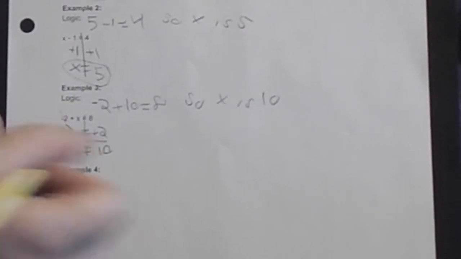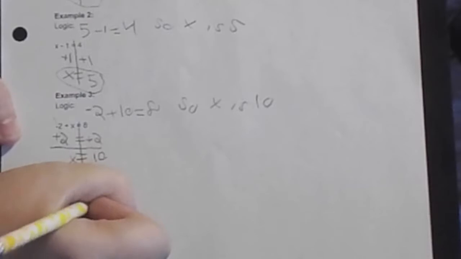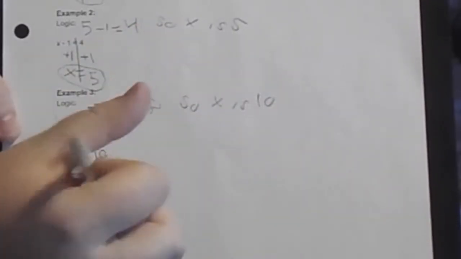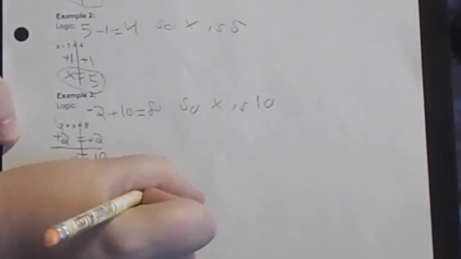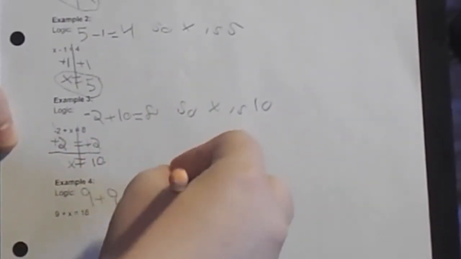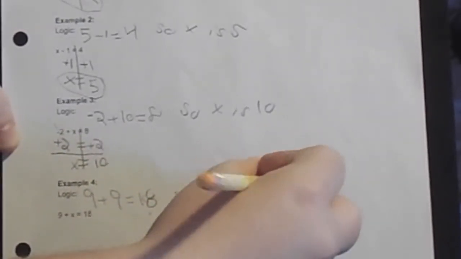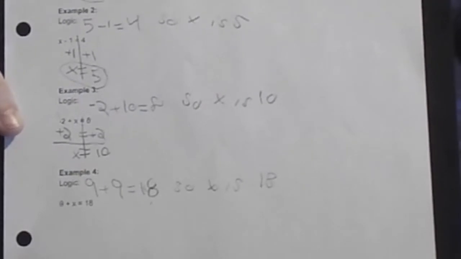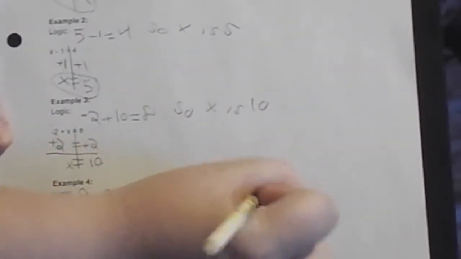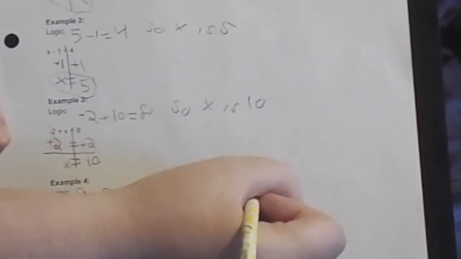Next, 9 plus something is 18. Well, 9 plus 9 is 18. Oops. It gets harder and harder to write the further down this page I go. So, x is 18. Oh, no, it's not. It's 9. X is 9.